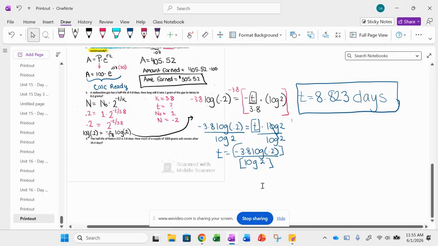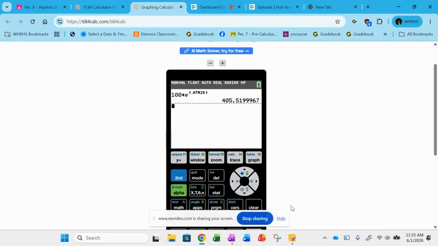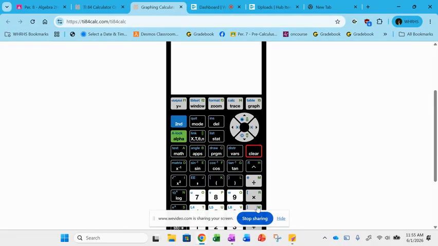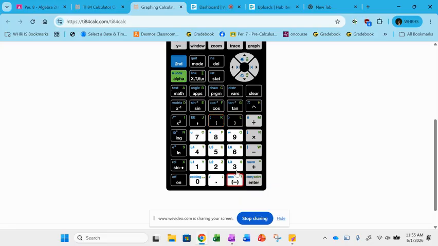Okay, let's go to our calculator. In our calculator, we want to make sure that I always go parenthesis happy. We really need the parentheses in the numerator. So this is a negative 3.8 times the log of 0.2.